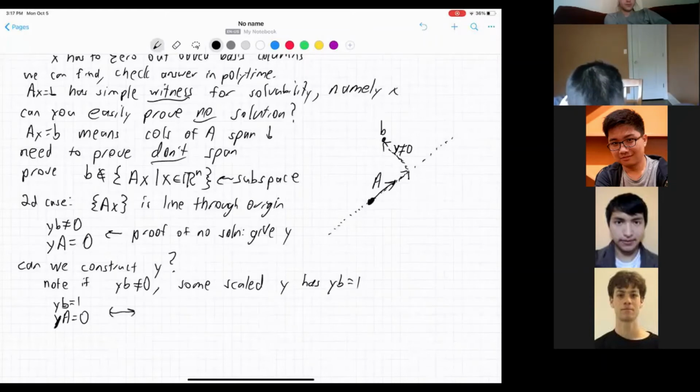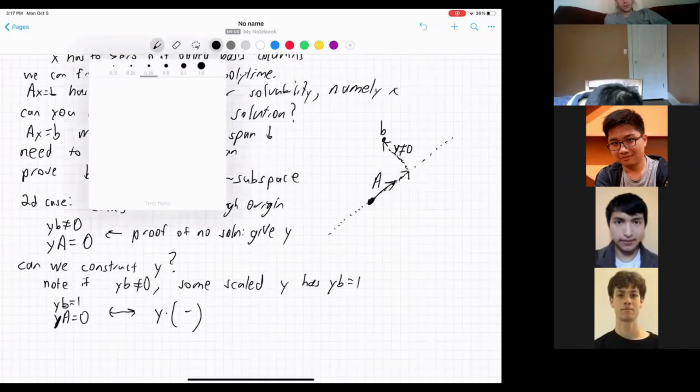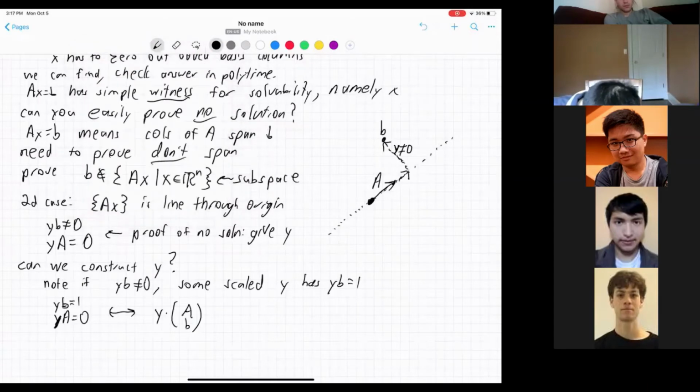And that can be written down in matrix form, where I put A on the top and B underneath it. And so this is going to have to be equal to 0 and 1.